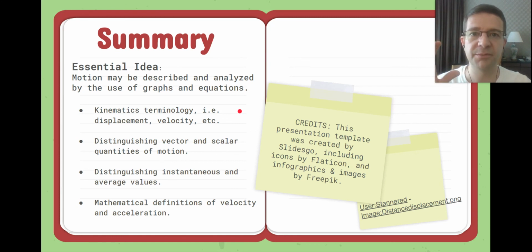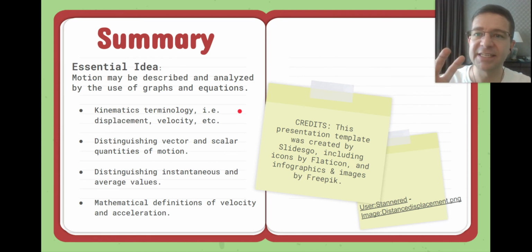Making sure that you're comfortable using that terminology, for the vector terminology, position, velocity, displacement, acceleration, and the scalar quantities, distance traveled and speed. Keeping those straight can be tricky, and we'll practice that language over the course of the next week.